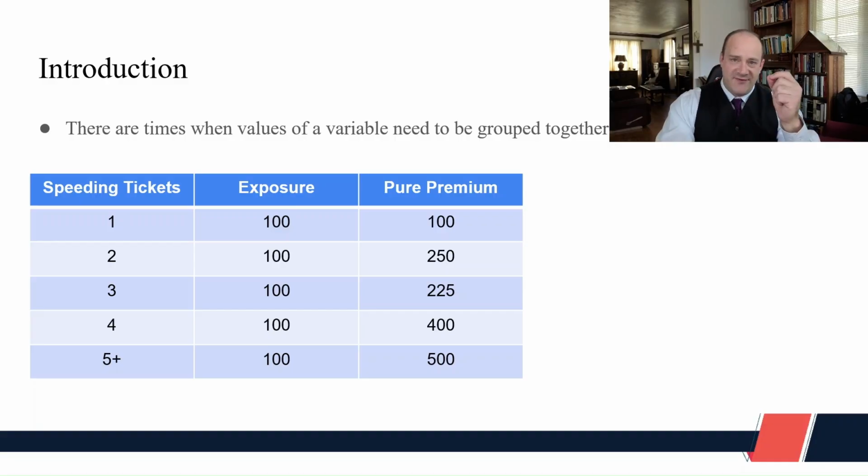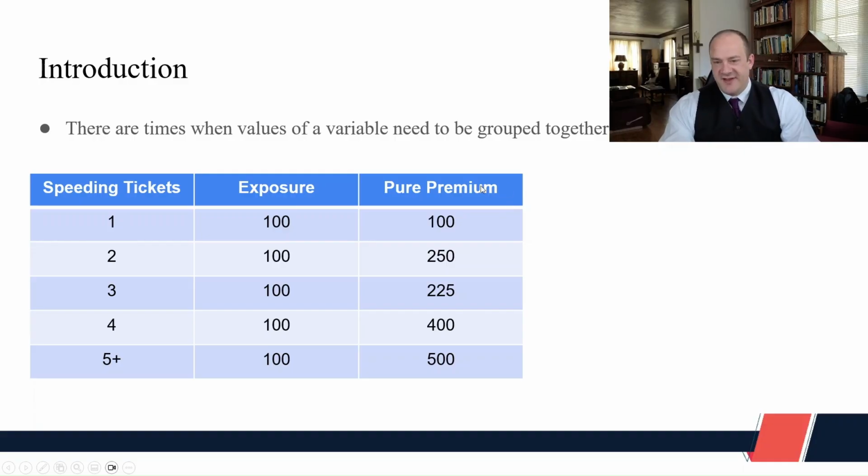Well, let's take a very simple example here with very easy numbers with which to work. This is an example involving speeding tickets, and we look at the people with speeding tickets. We say, okay, look, we've already got some groups here, because we just put 5+ in there, and there's the same amount of weight in each category here, and here's the associated average loss per category.